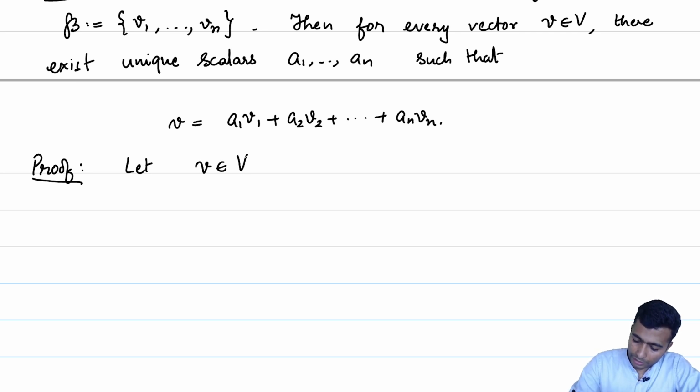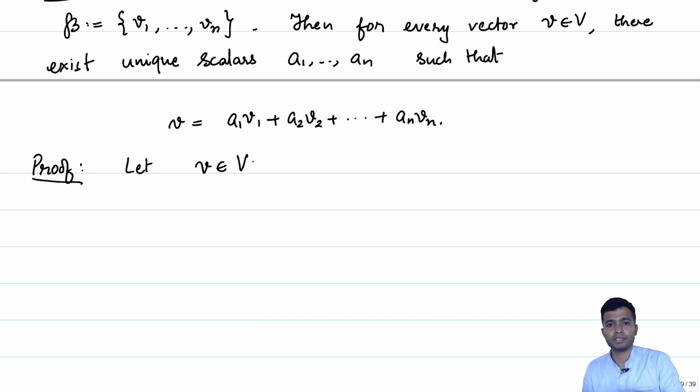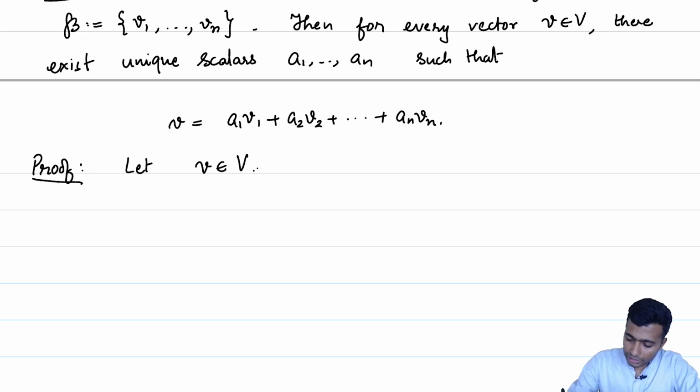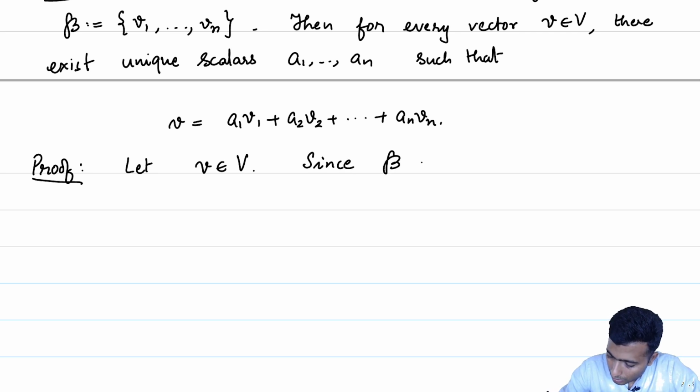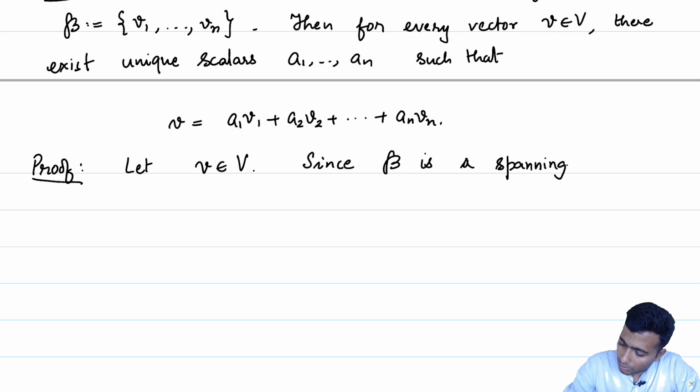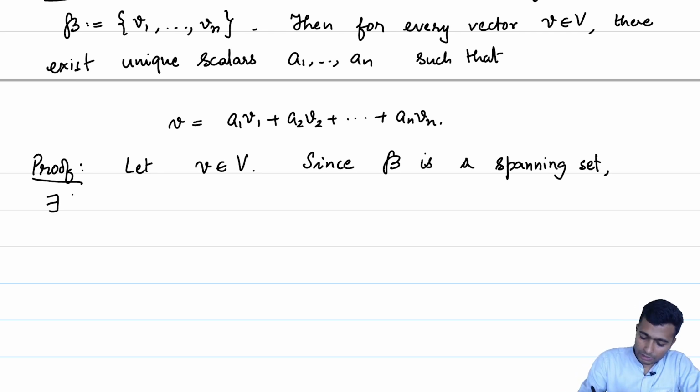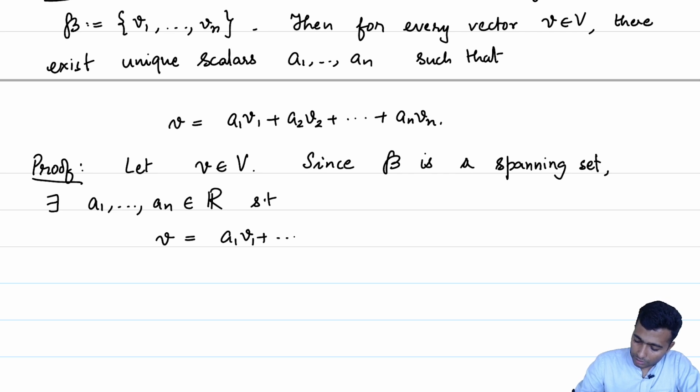Let v be in capital V, then since B is a basis, it is a spanning set. So, there certainly exists a linear combination of v1, v2 up to vn which is equal to v. Since B is a spanning set, there exist a1 to an in R such that v is equal to a1 v1 plus up to an vn.